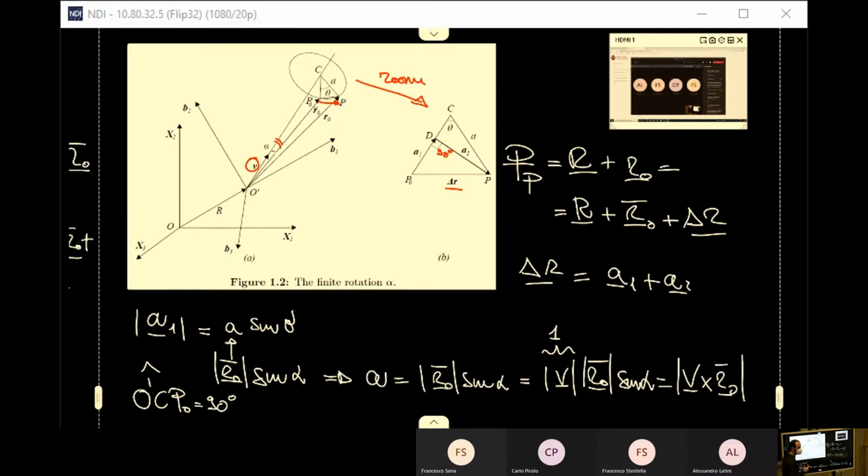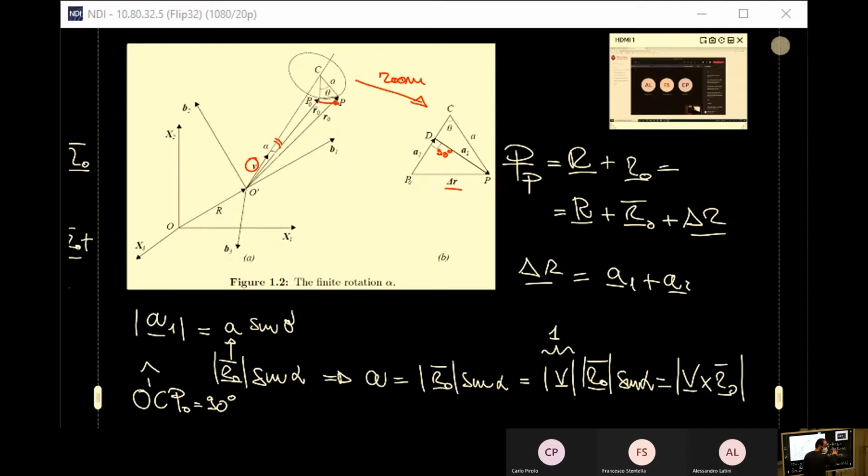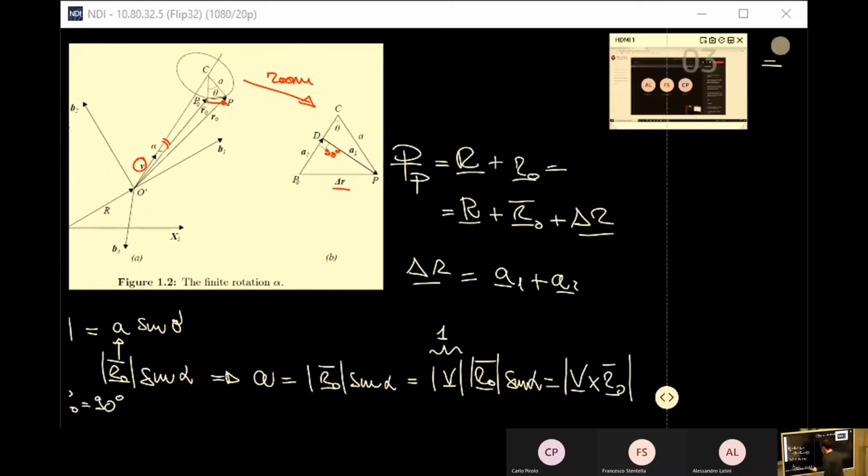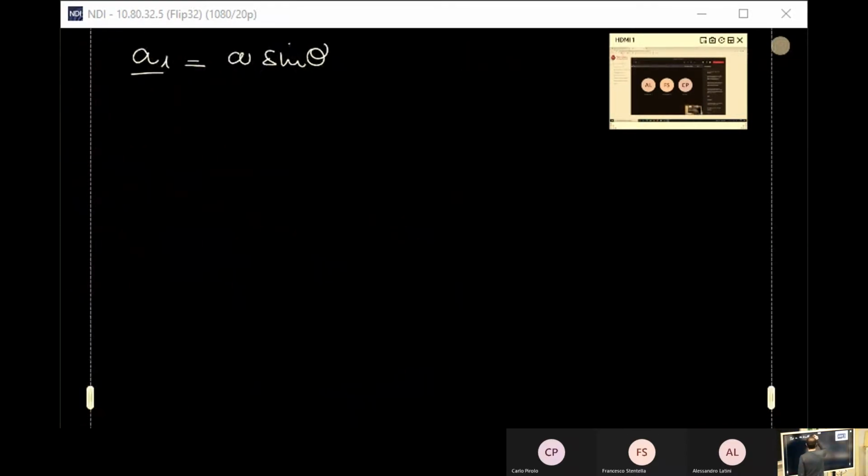But how can we express a direction which is orthogonal to the plane defined by C, P0, O prime? Again, through a vector product. Because if you think about the vector product between R0 over bar and V, it defines a direction which is orthogonal to the plane C, P0, O prime. So let's do it. A1 has this direction, so we will define it like this.